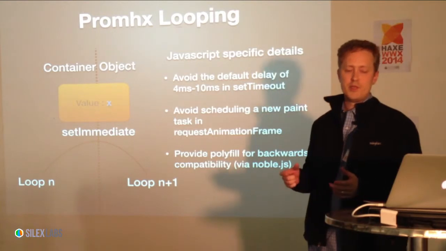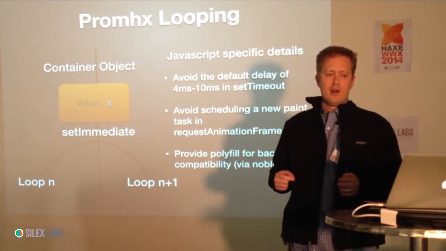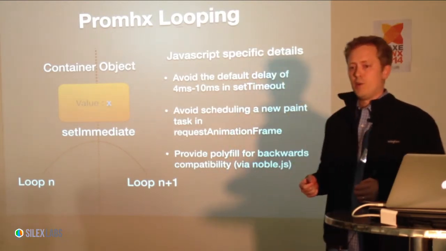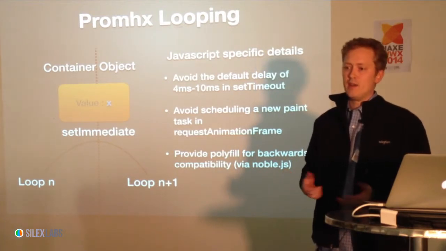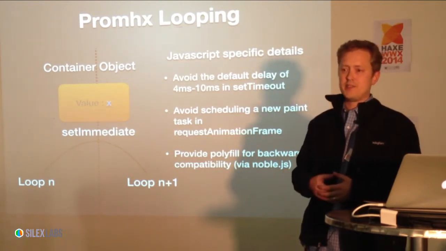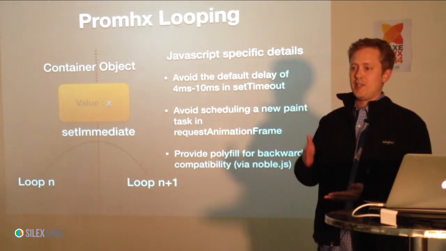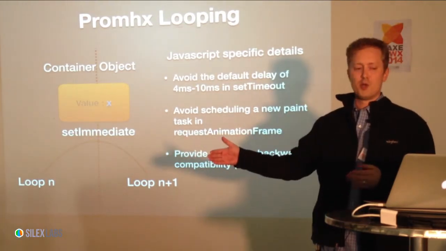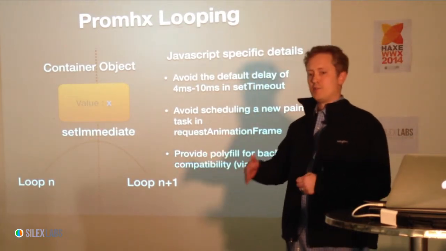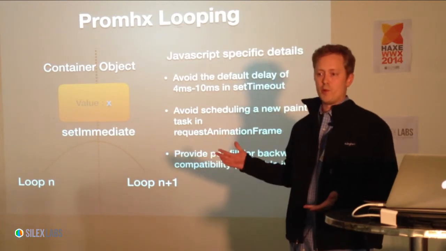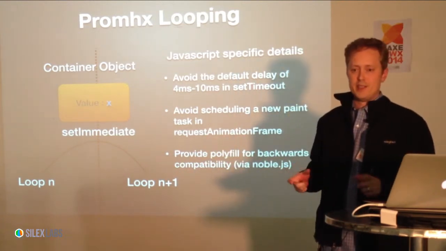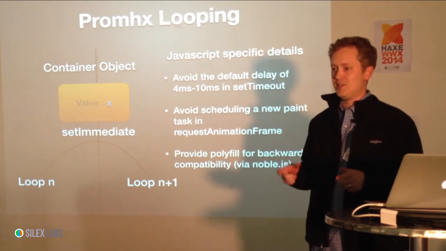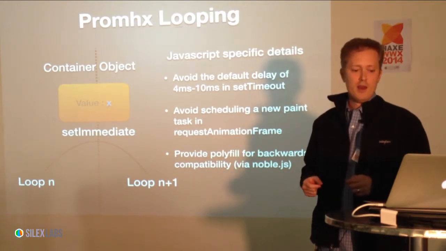One of the new features that is not widespread and not well supported yet is called setImmediate. This basically cuts to the chase. It can put an execution context directly in the next loop, and that's exactly what we want. So that's what I'm calling this, the setImmediate routine in JavaScript.